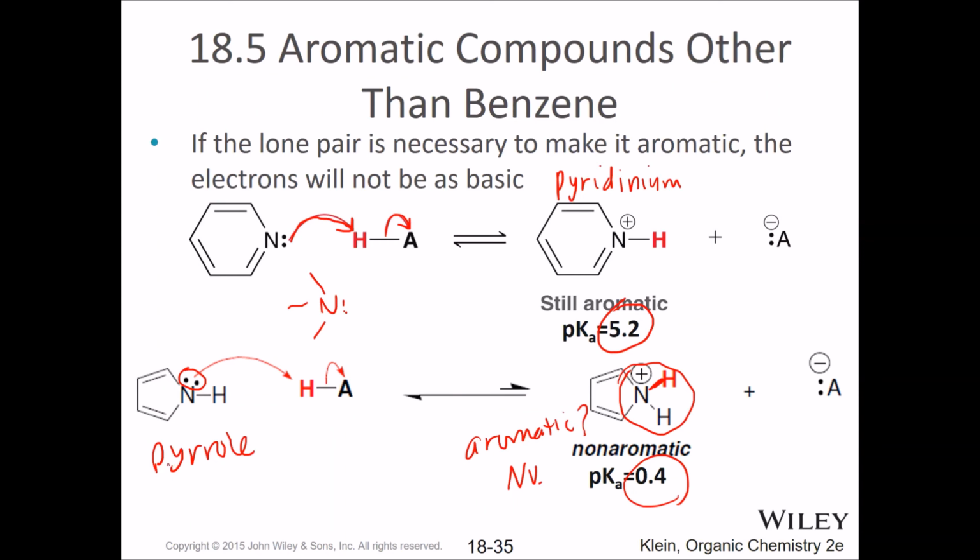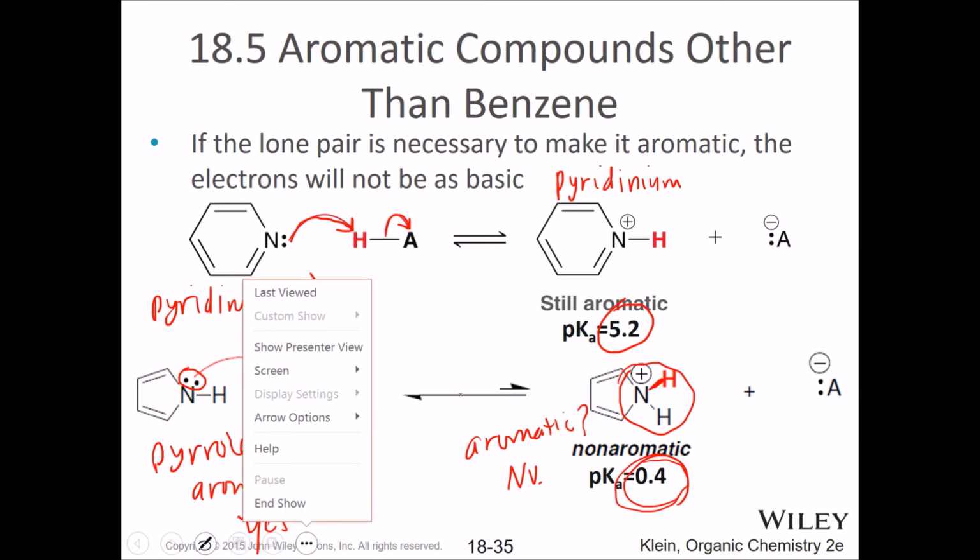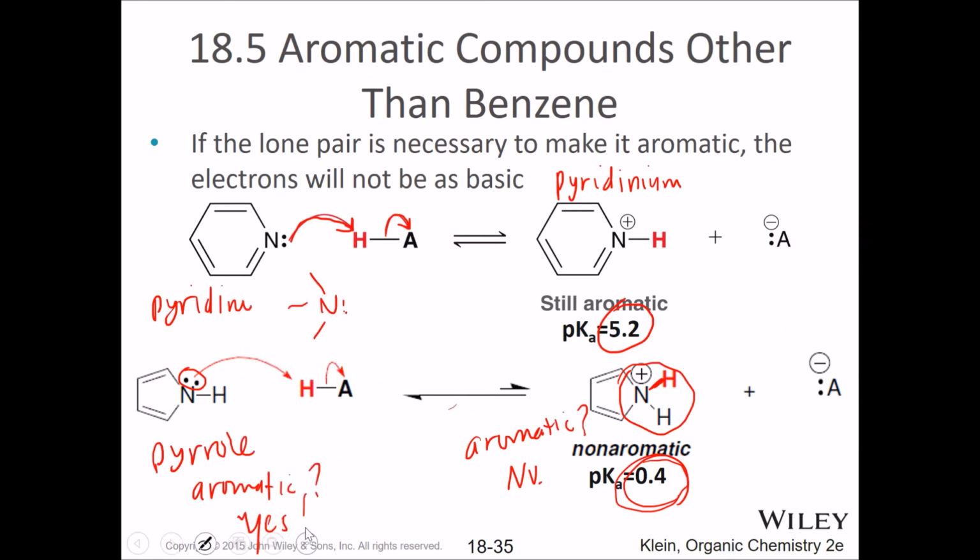You'll be more comfortable with this if you write it out and say it. This is pyrrole. This is pyridine. So look at that. This is a really strong acid. Why? Because when it gives up that proton, it gains aromaticity. Aromatic? Yes. My writing is horrible today. I always say that, don't I? Making excuses.